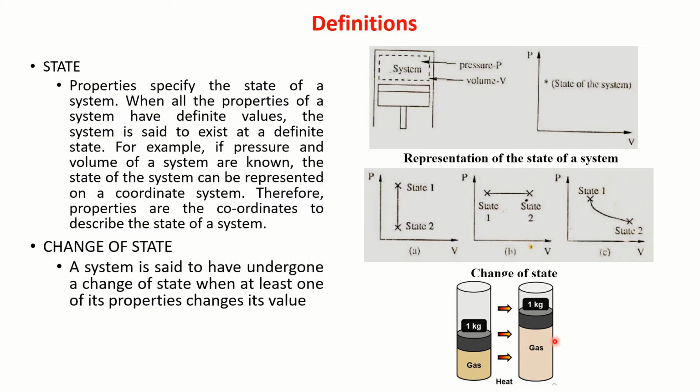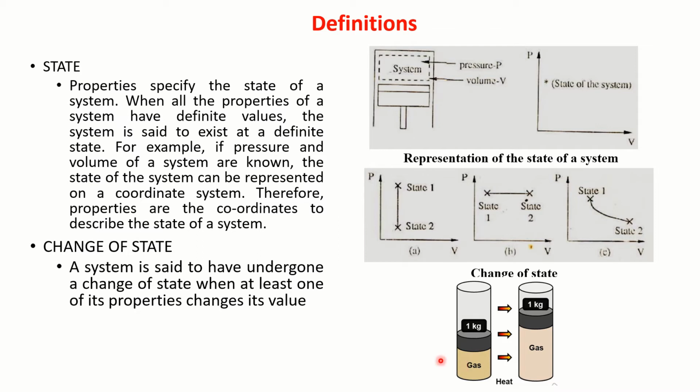So I know the new pressure value and new volume value, I can mark the change of state. Then I say the system has undergone a change of state. To change from one state to another state, probably I might have to supply heat or remove heat or something like that. So we'll talk about this later.